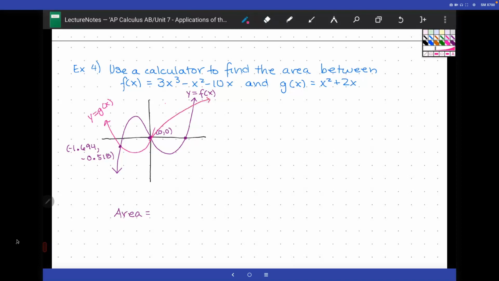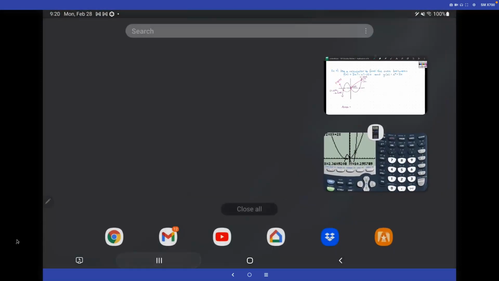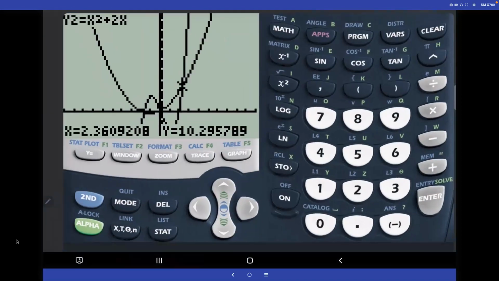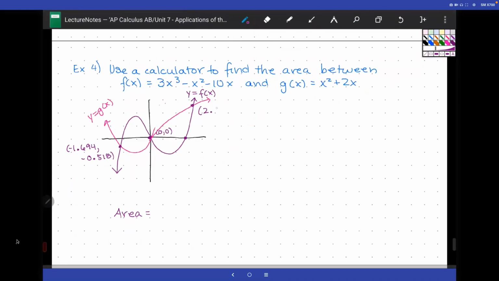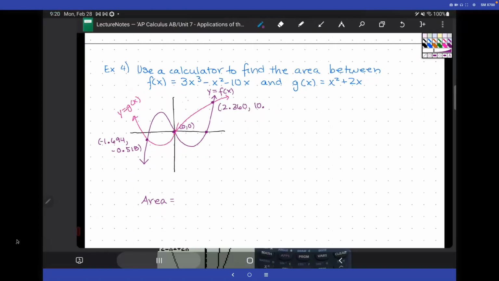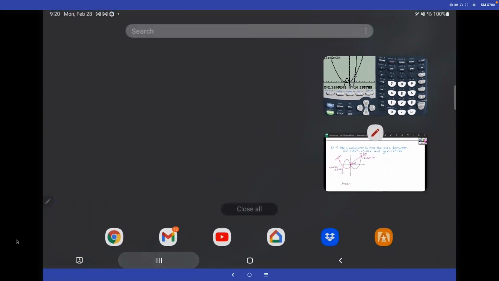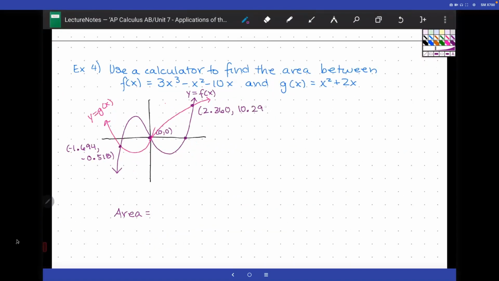All right, let's try this again. Was it 2.360, 10.295? Remember, I didn't say that the shape of the curve was as important. We still have the pink on the top, and that's what matters.